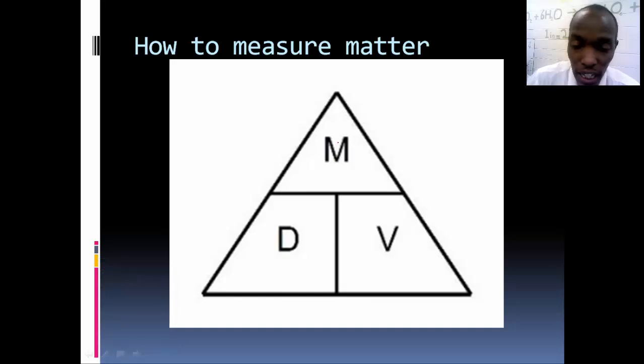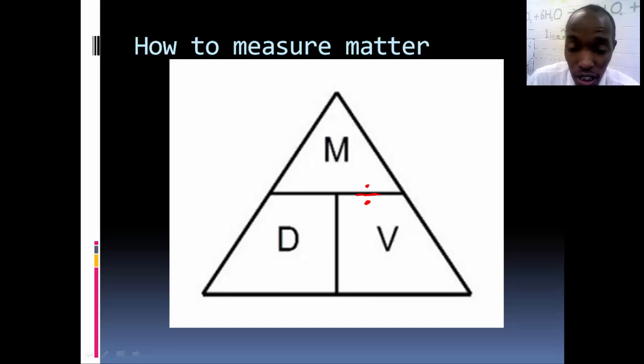So when you want to find the item of a third, you look at the other two. So if the other two are above each other, or below and above each other, you're going to divide. So if you're looking for density, then you're going to look at the other two, mass and volume, and see that mass is over volume, so you're going to divide.